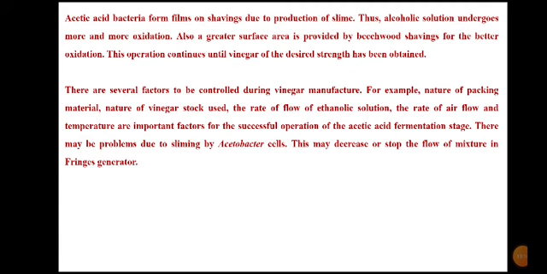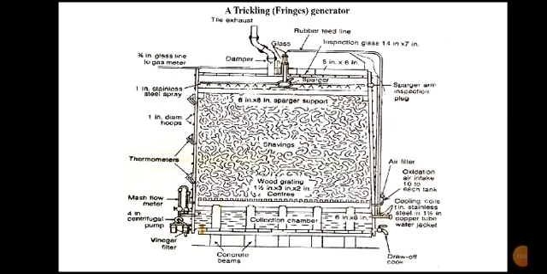So the acetic acid, or the solution, will not flow down because of the clogging of the material. So all these are the factors which are required to be controlled during the operation of this French generator.